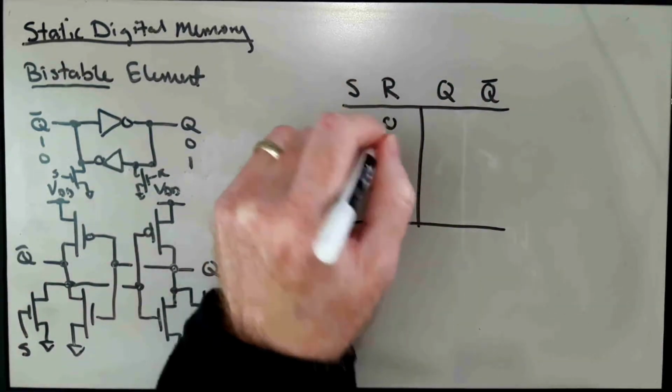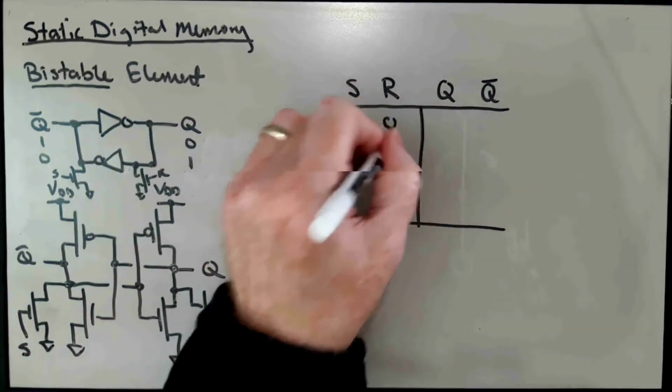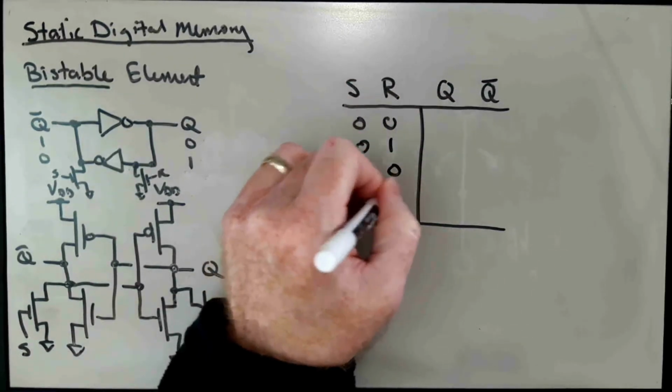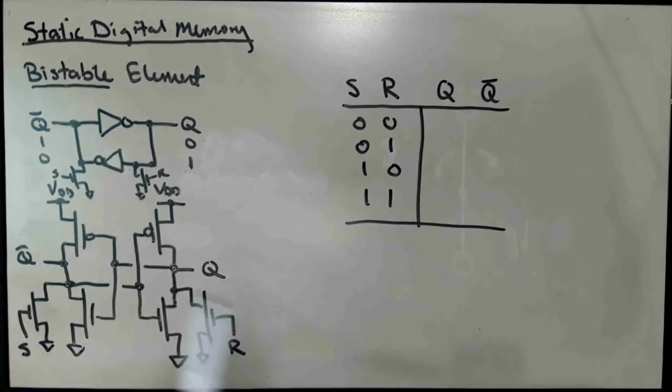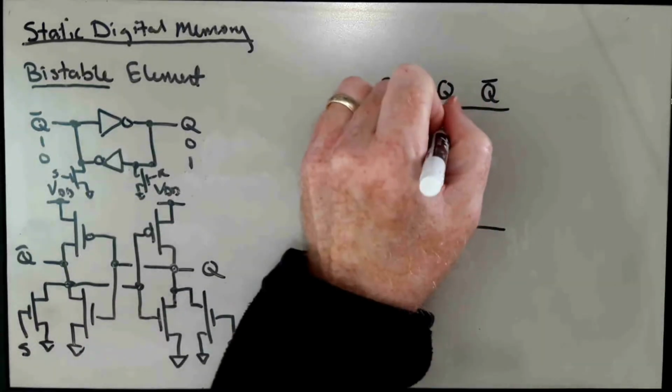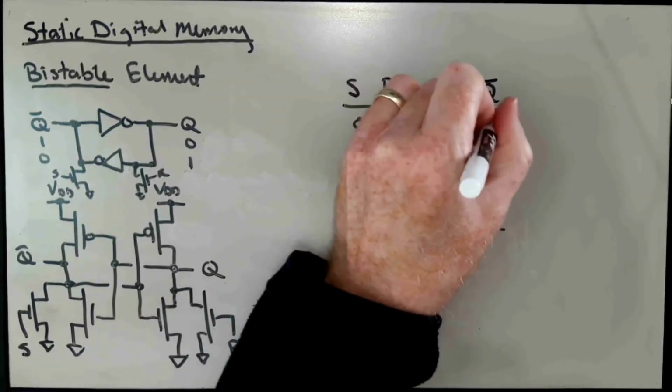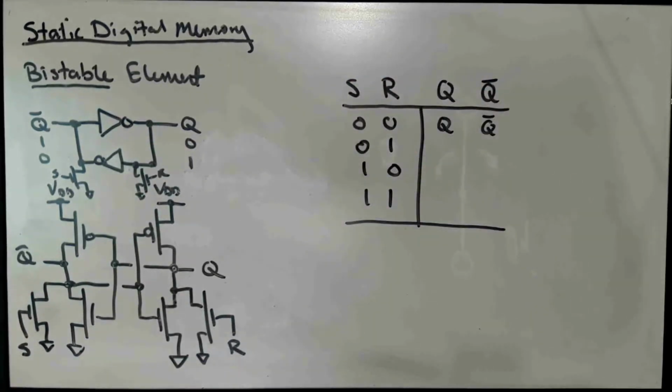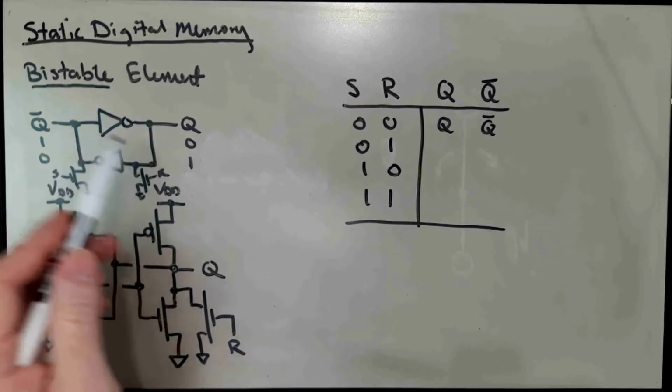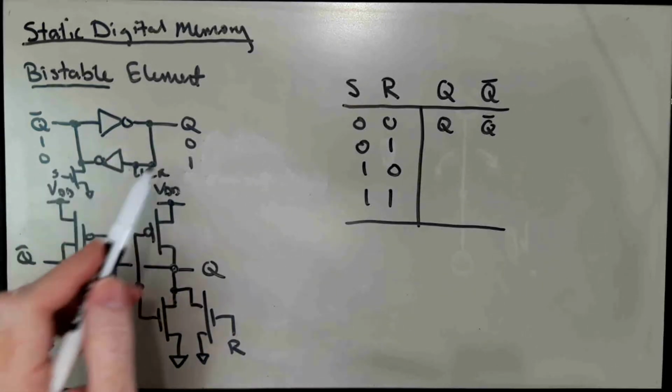So there's 4 possibilities for S and R. So if S and R are both 0, then Q and Q bar just maintain their state. It's like these 2 transistors aren't there, and whatever state the bistable element happens to be in, that's just maintained.